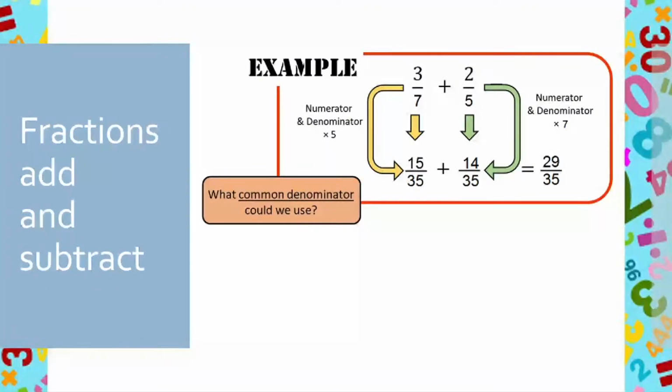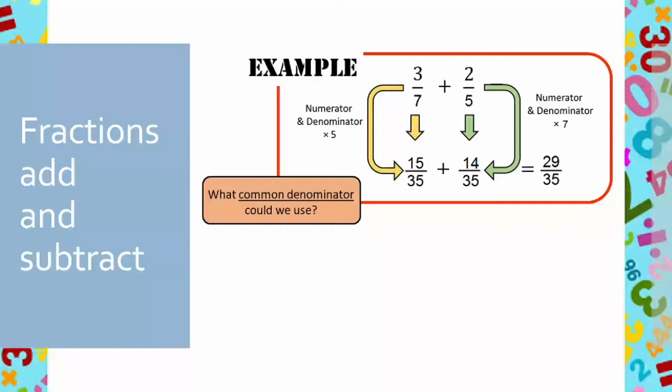So be very careful that when you are multiplying your denominator with 5, you also have to multiply your numerator with 5. It is because to maintain the fractions equivalent. And then your denominator multiplies by 7, numerator multiplies by 7 as well. And after doing that, you get your final fractions, the equivalent fractions to 3 upon 7 and 2 upon 5 as 15 divided by 35 plus 14 divided by 35.